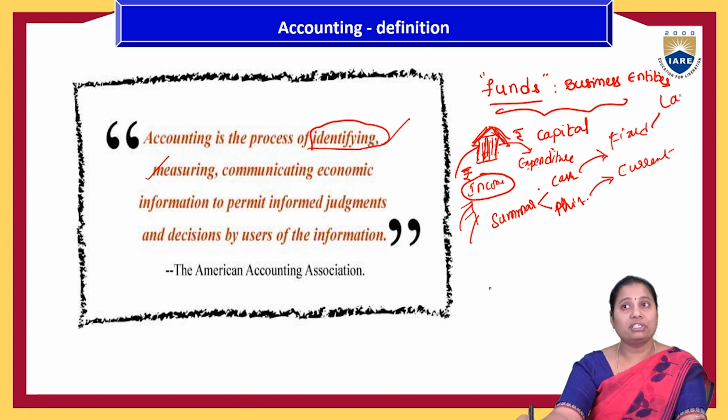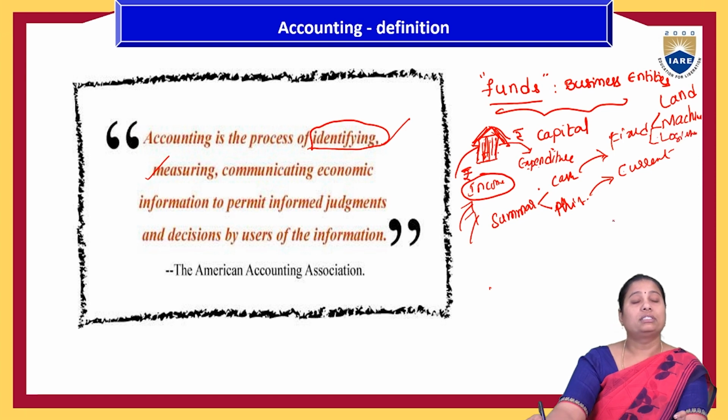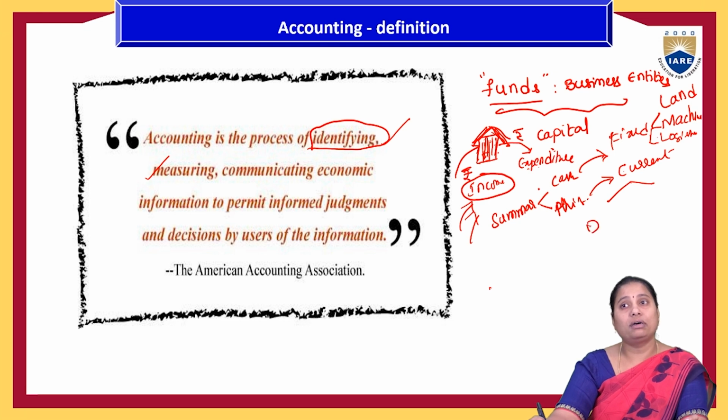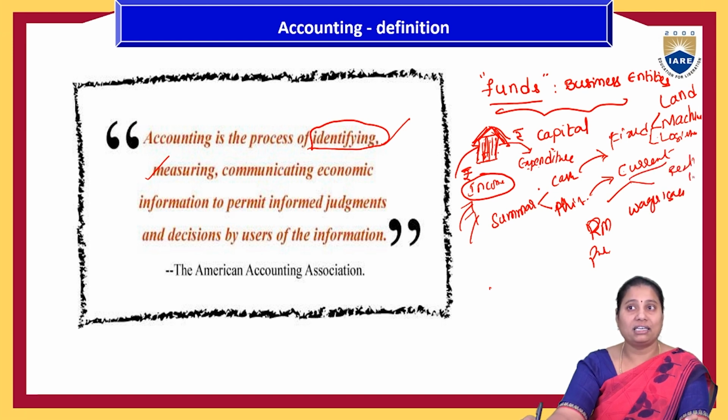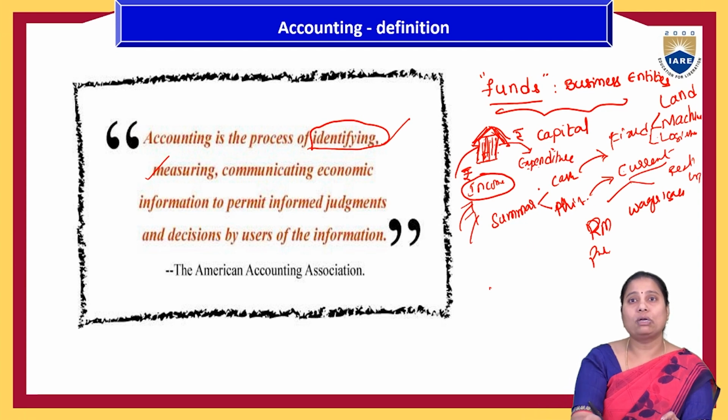For the fixed items, meaning land and buildings, how much amount are they spending, and how much portion are they going to spend for the plant and machineries, and how much for the infrastructure or the logistics and supply chain, and how much for raw material purchases, and how much for the wages and salaries, and how much are they paying for the rent, etc. So all these things are summarized.